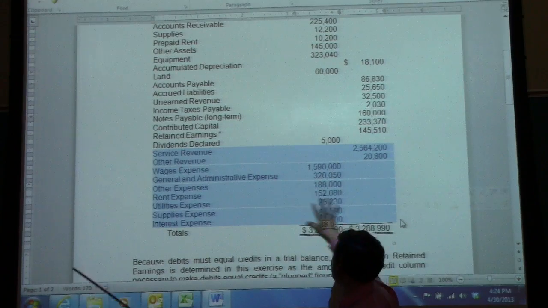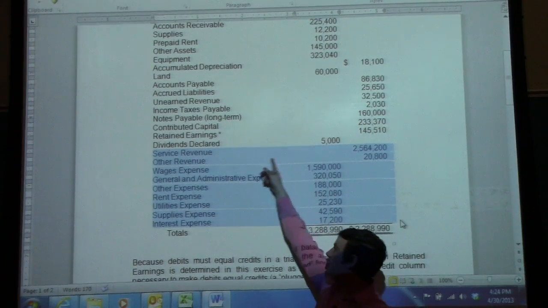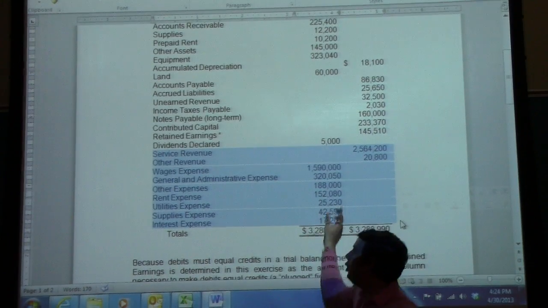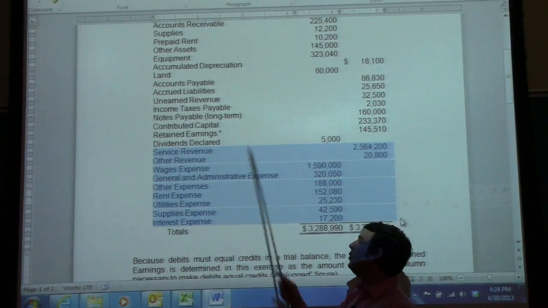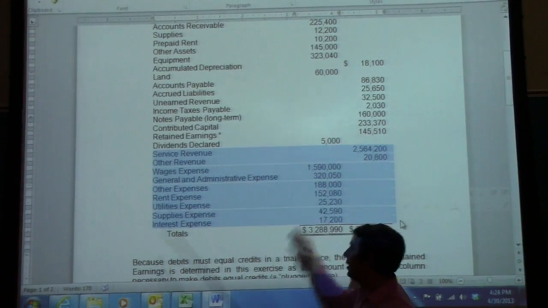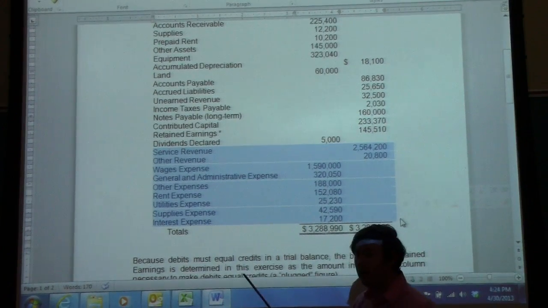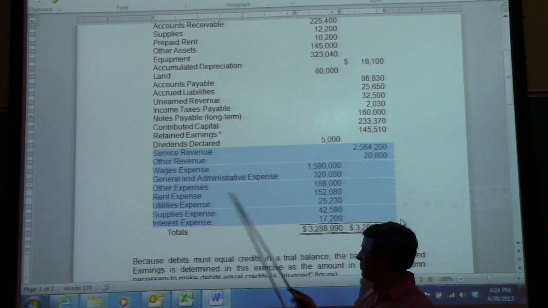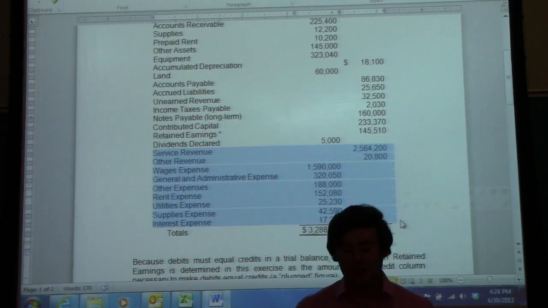So right here you can see that we're taking net income by taking the service revenue and the other revenue and then all the expense accounts, and we close those into retained earnings. We would effectively be closing net income into retained earnings. We would then do another journal entry to close dividends declared into retained earnings. All of these accounts being temporary accounts, okay?